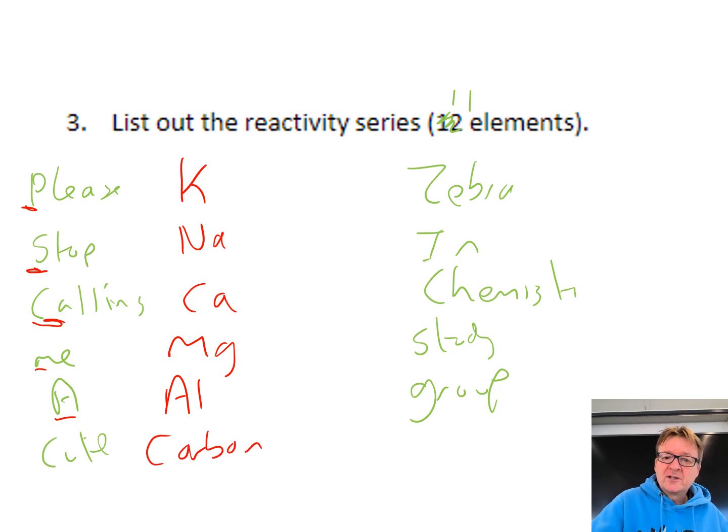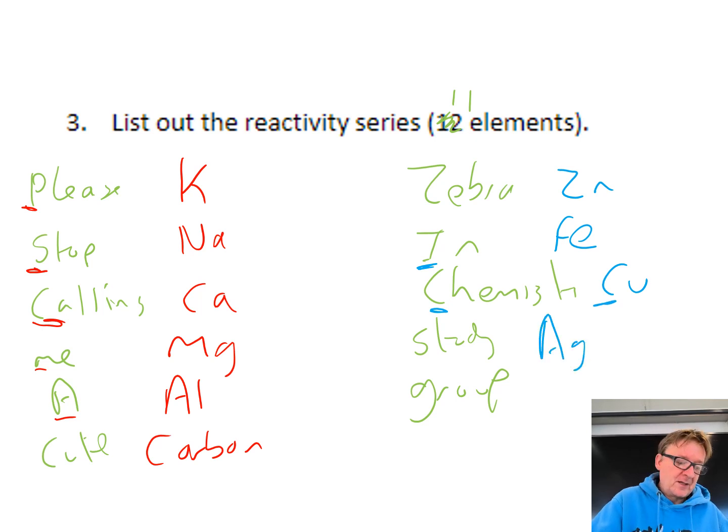Zebra is the most obvious one, which is Zn. In is iron, which is Fe. Chemistry is Cu for copper. Study is Ag, which is silver. And group is Au, which is gold.